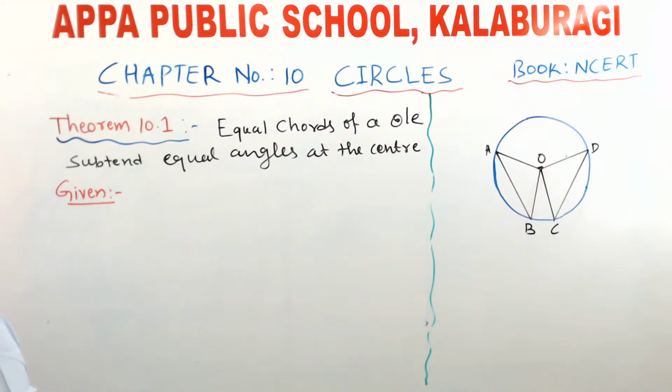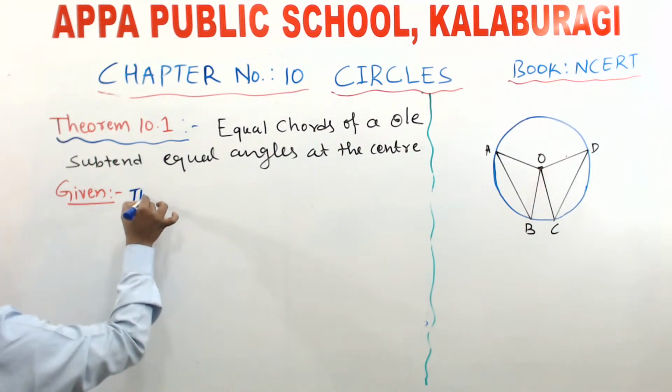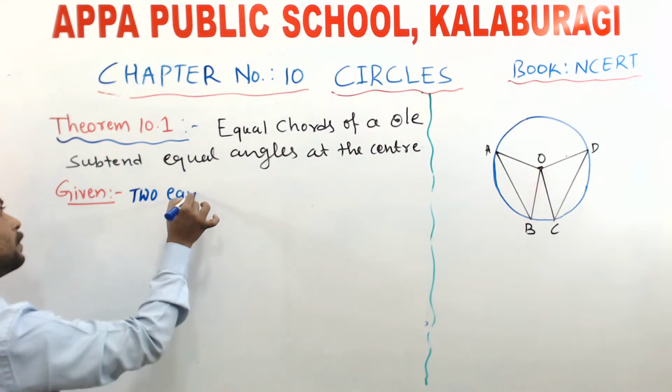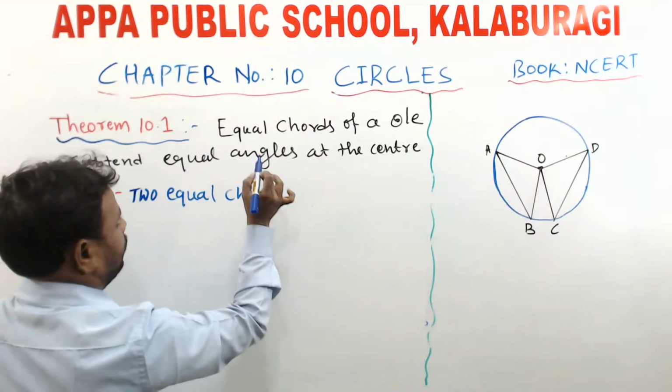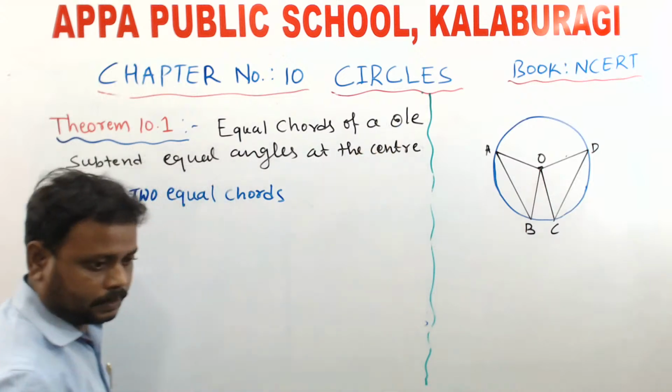So the first one, two equal chords AB and CD of a circle with center O. So what will I write? Two equal chords. See, equal chords of a circle, they said in the statement.